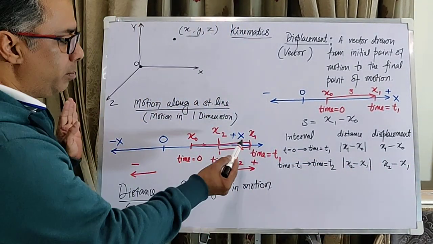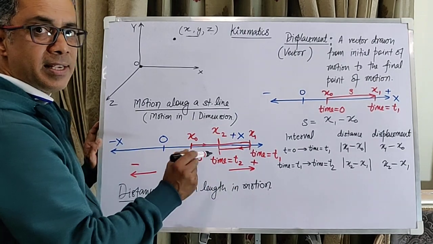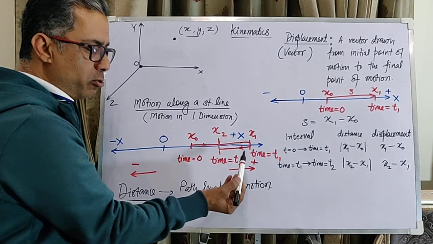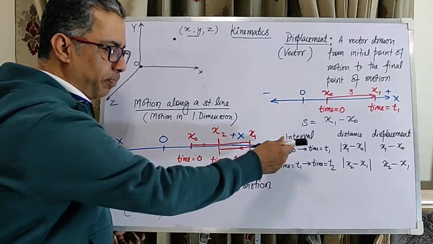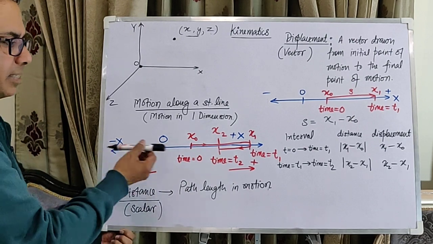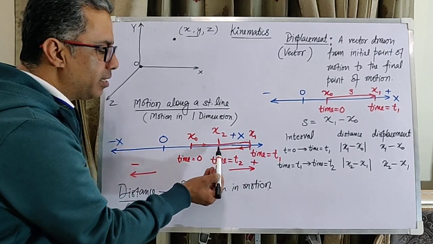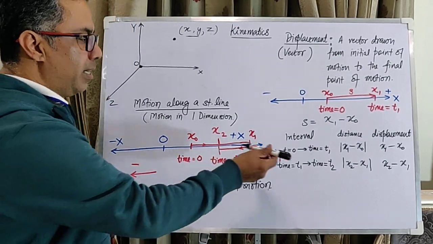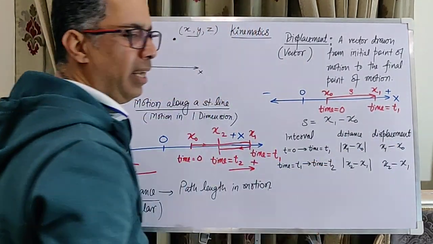Now you might say the motion is happening on the positive x-axis, but the sense of direction of the motion from this point to this point is along the negative x-axis. So since this sense of motion is along the negative x-axis, this displacement here is negative.